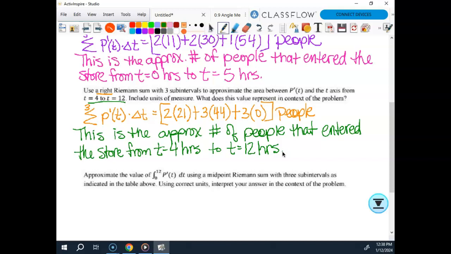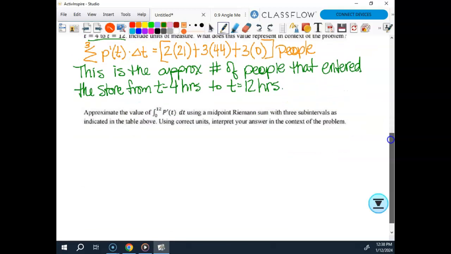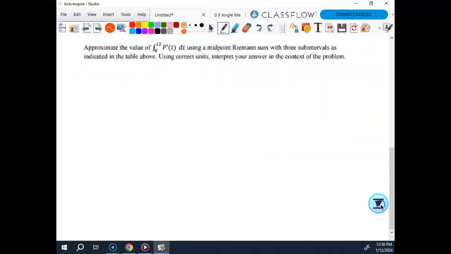Okay. So now it says to approximate the value of, and you get this long S here, right? So from 0 to 12, I'm going to take the integral from 0 to 12 of p prime of t dt.